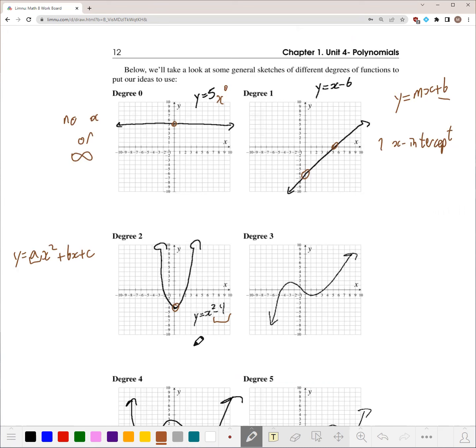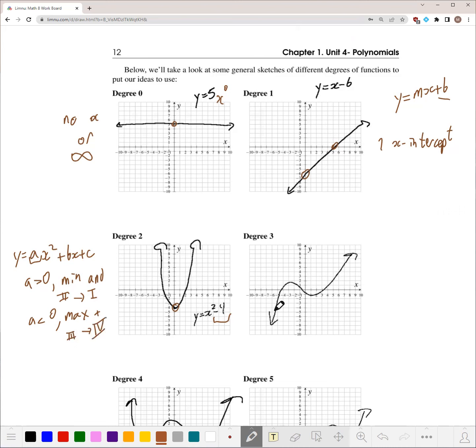If a is greater than 0, it's positive, then our graph is going to have a minimum. Its end behavior is it's going to start in quadrant 2 and go to quadrant 1. If a is negative, it's going to have a max and it's going to go from quadrant 3 to quadrant 4.